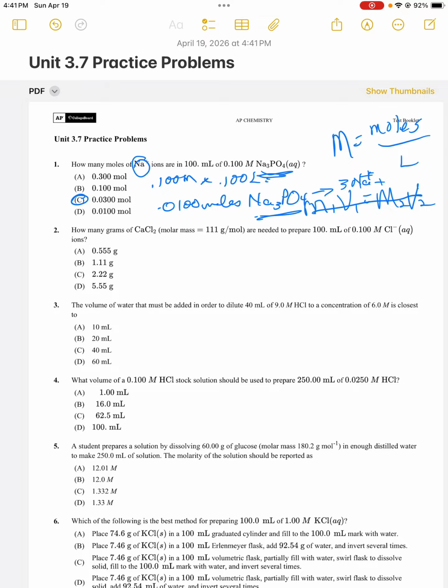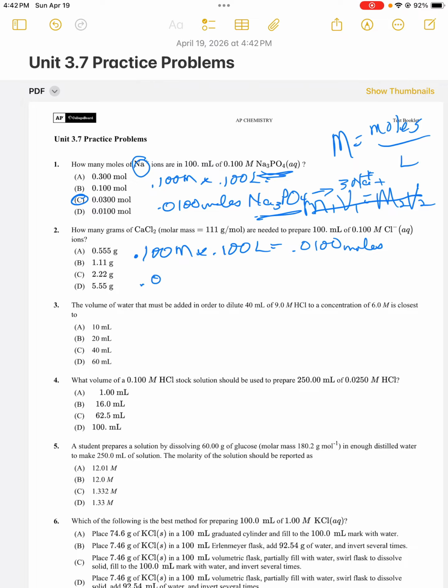How many grams of calcium chloride are needed to prepare 100 milliliters of 0.1 molar chloride solution? So again, 0.1 molarity times 0.1 liters. That again is 0.01 moles, but every calcium chloride breaks into 1 calcium 2 plus and 2 chlorides.